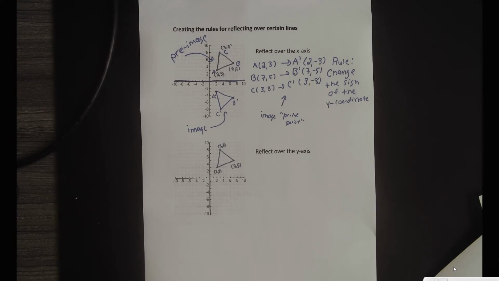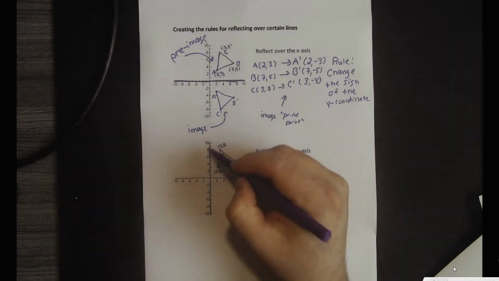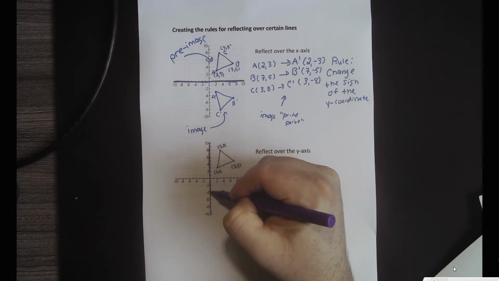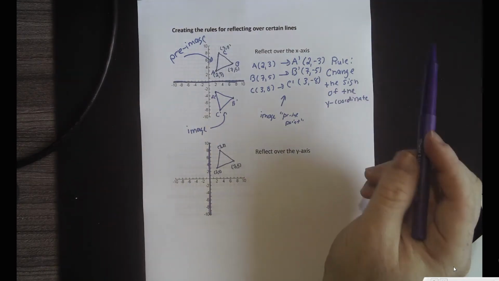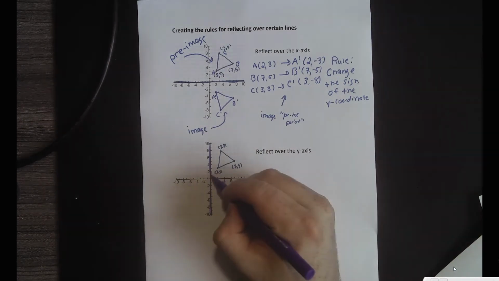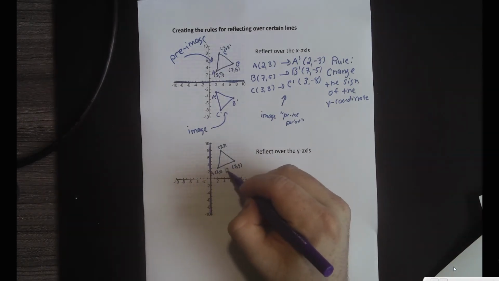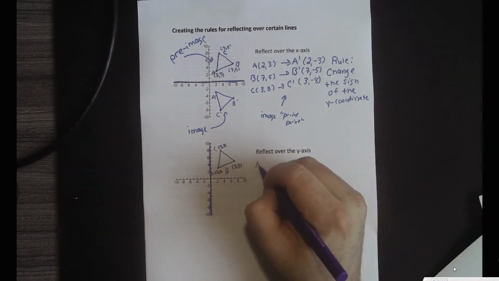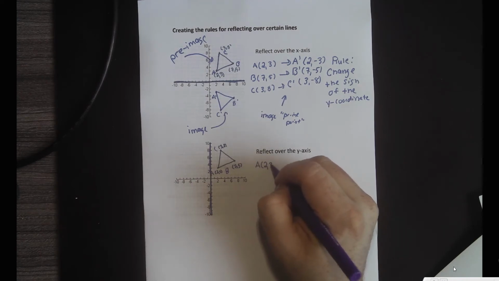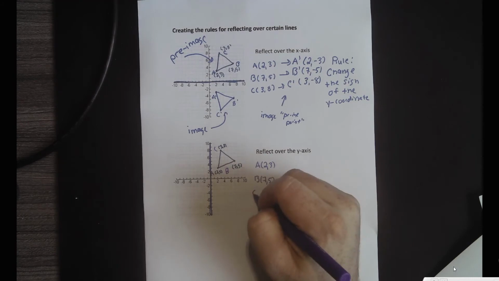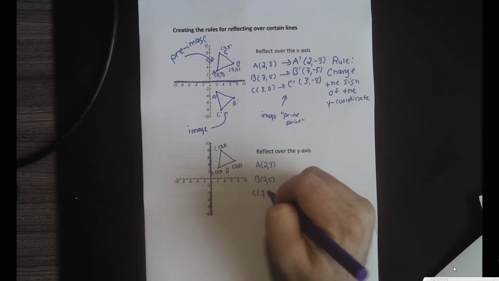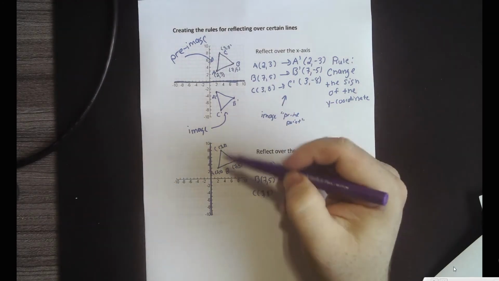Okay, so now we're going to go over the y-axis. You can already take a guess as to what's going to happen here based on what you saw, because when we reflected over the x-axis, we changed the sign of the y. But let's just take a look anyway. So we've got A, B, and C. A is still (2, 3), B is (7, 5), and C is (3, 8).